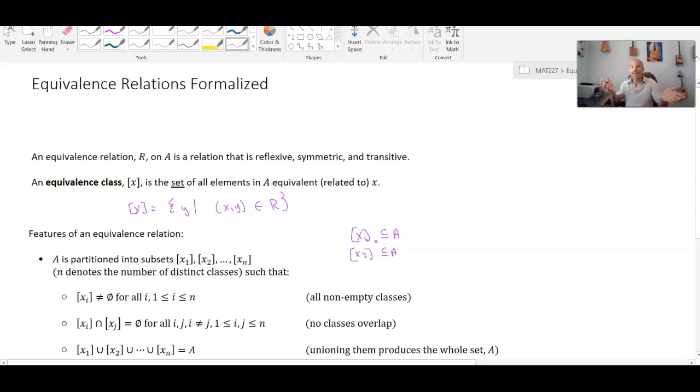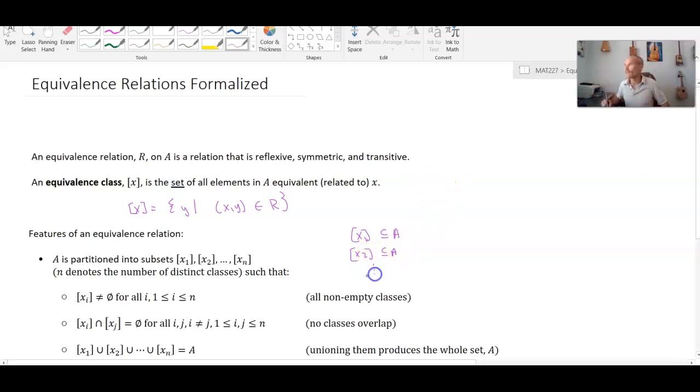With the even-odd numbers example, that's one possibility, but there are lots of other ways that we could split up a set. If we were thinking about relating family members, then P could be the set of all people in the world, and then each individual equivalence class would just be a family within the United States, within the world, and if we unioned all those families together, we would get all the people in the United States.